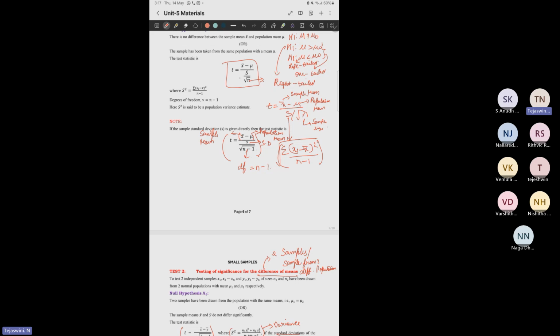If the standard deviation is not given, and we have to find it using sigma x i, then it will be root of n. If the sample standard deviation is given directly, then we'll use root of n minus 1. Is it okay?